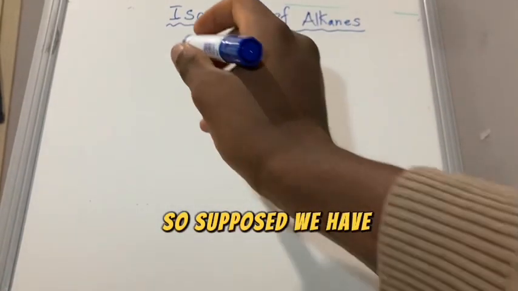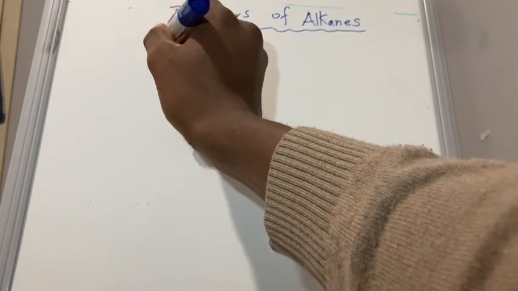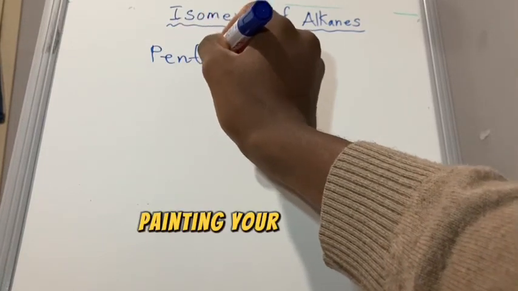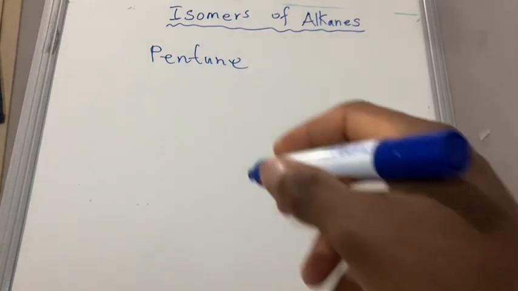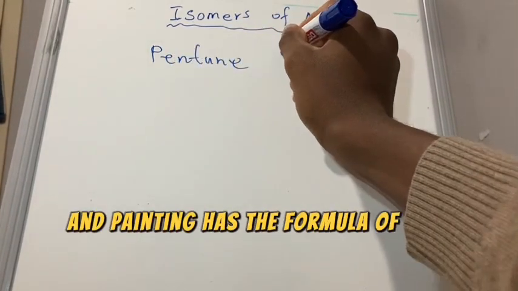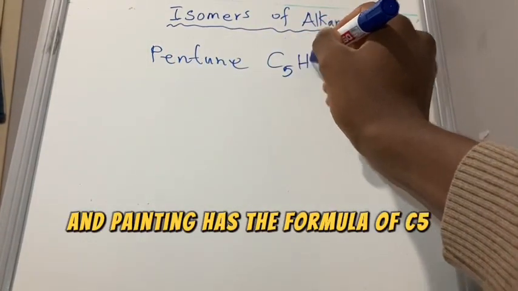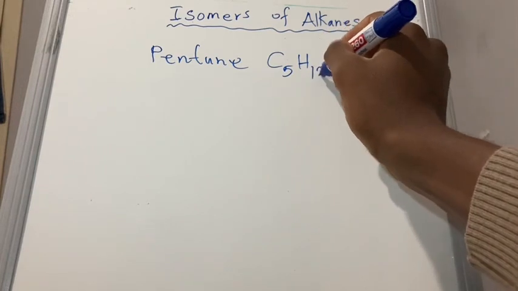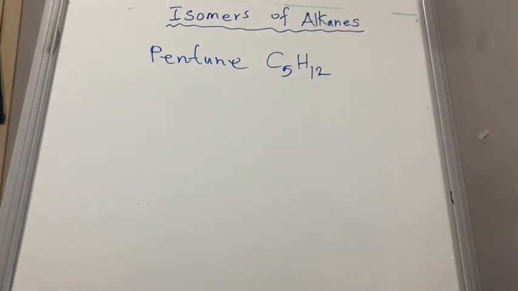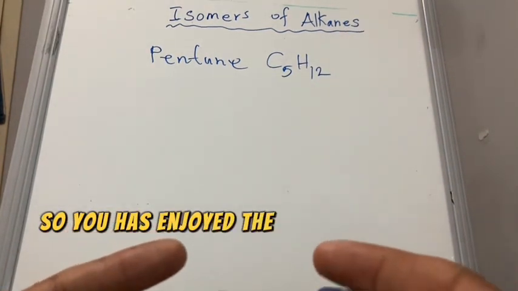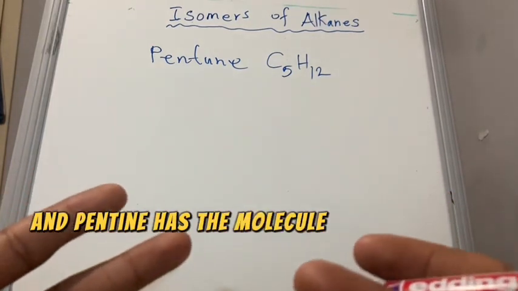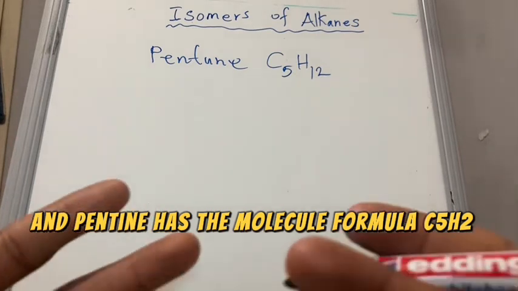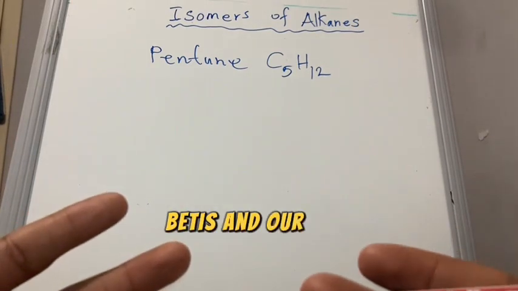Suppose we have pentane. You're asked to draw the isomers of pentane, and pentane has the formula C5H12. Pentane is an alkane.